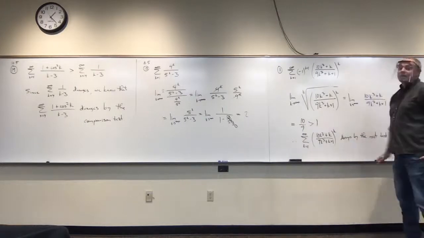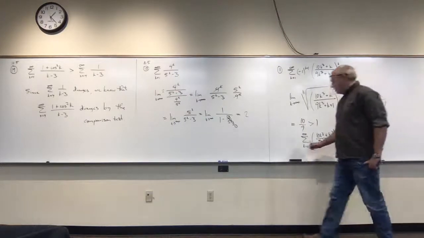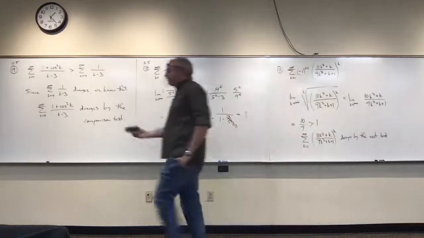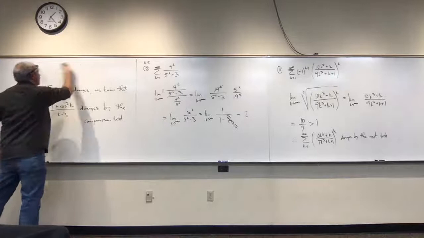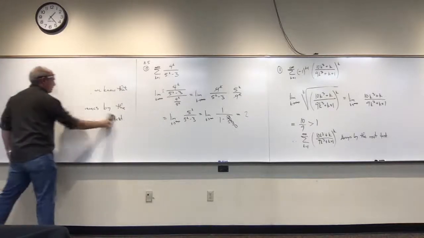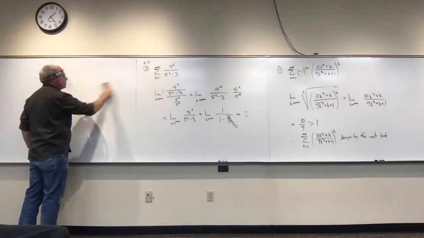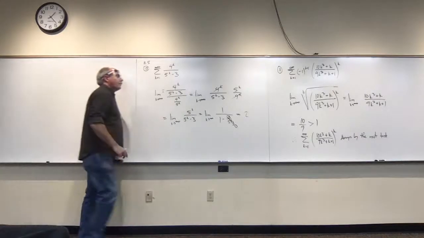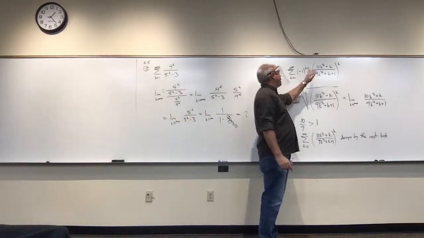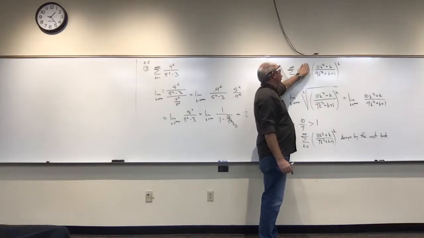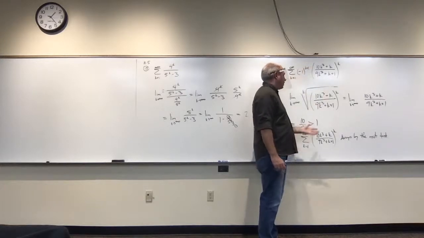But I am not done, because it could be that this thing still converges. It just doesn't converge absolutely. First I was testing to see, does this thing converge absolutely? In other words, if I take away the negatives, does it converge?